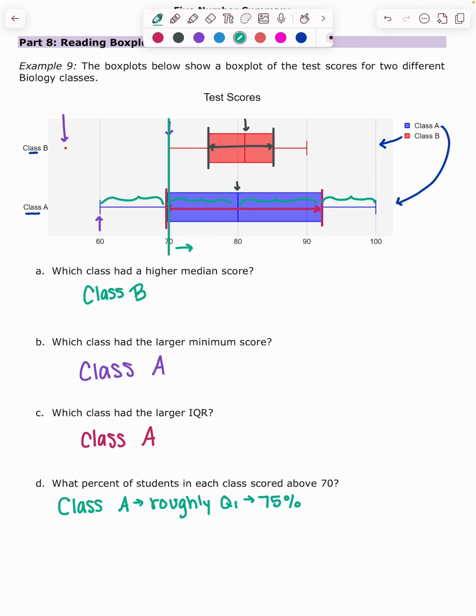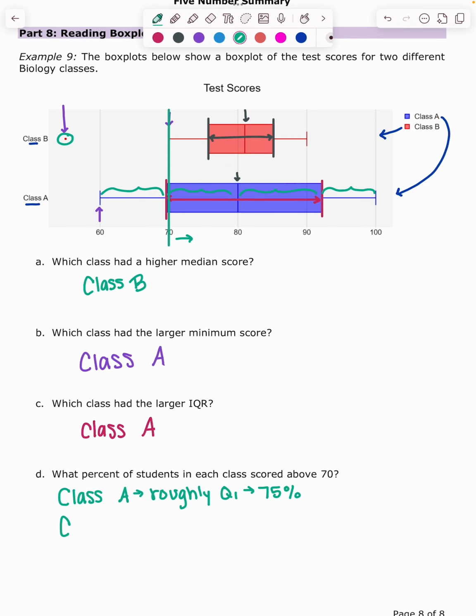And then for class B, 70 is not the minimum, but the next smallest value. So for class B, this one's a little bit harder. It is the next smallest value, so it's almost 100%.